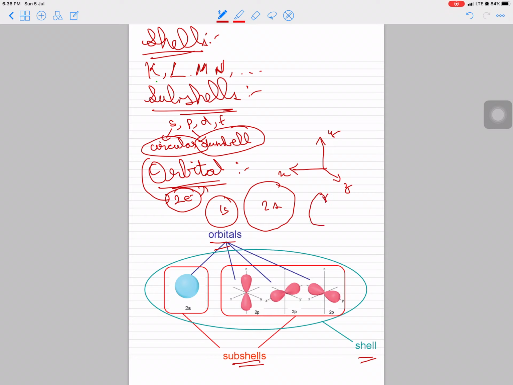This is the x, 2px. Then you have 2py, so that will look something like this. If you draw it horizontally, something like this. 2py, this is the y direction.